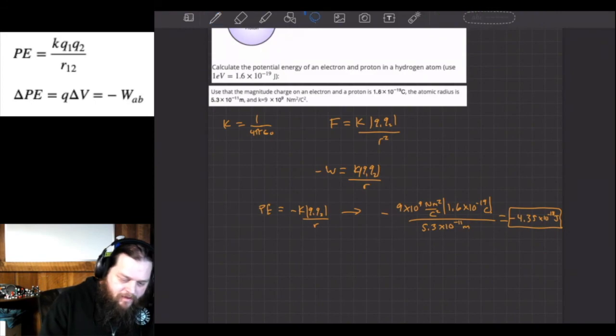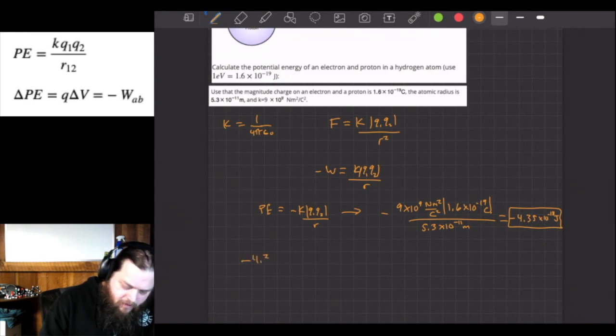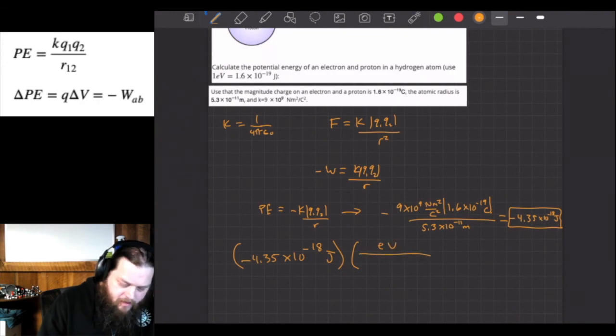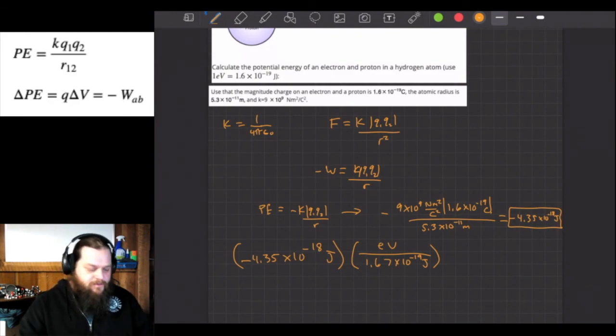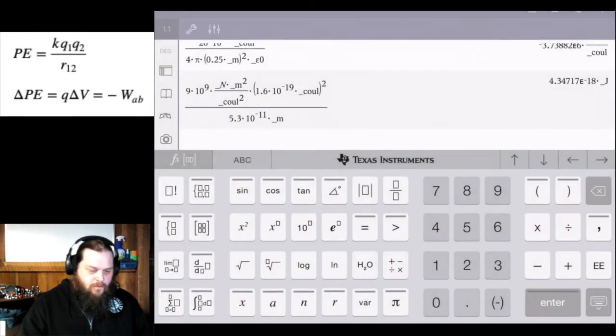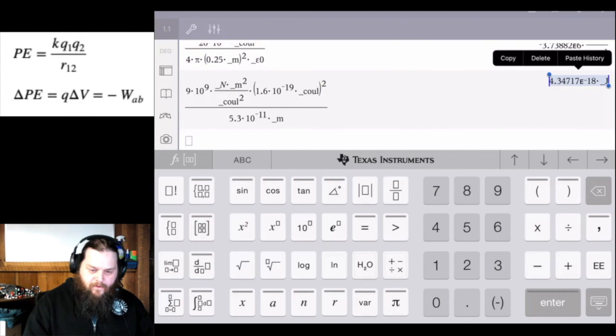But we want to find that value in electron volts, eV. So I can take that negative 4.35 times 10 to the negative 18 joules, and I want to multiply that by the conversion of eV divided by 1.6 times 10 to the negative 19 joules. That's how to convert from joules to eV. I'm just going to have my calculator do it for me.